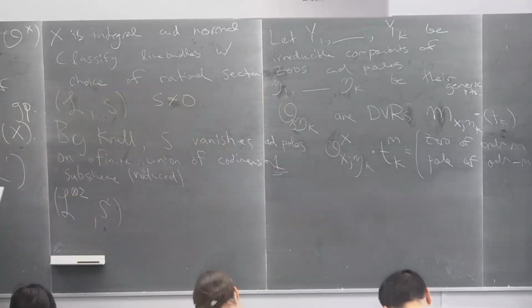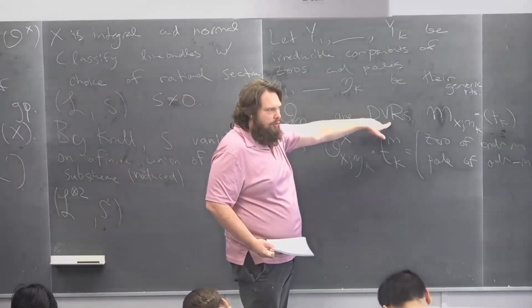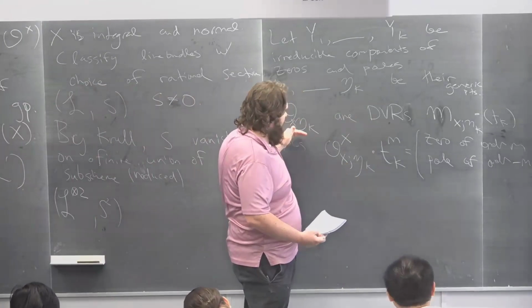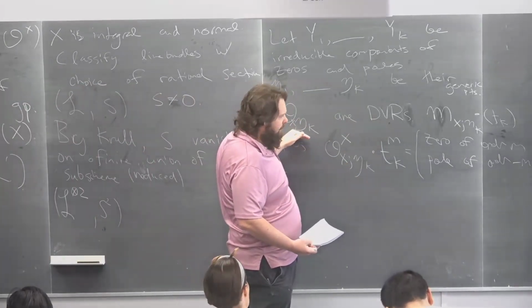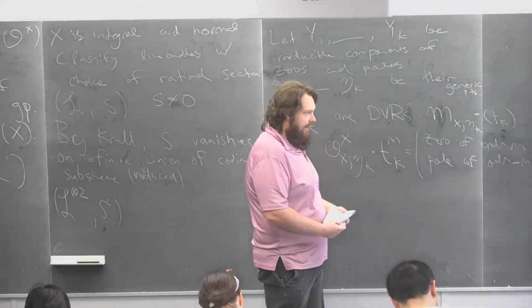All right, and I had mentioned the v here stands for valuation, and the valuation is the function that takes a non-zero element of this ring and spits out what power of t it's a unit times.